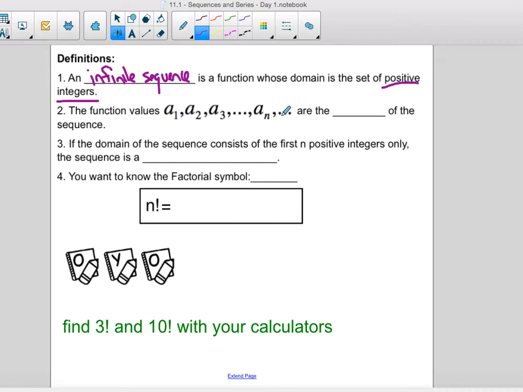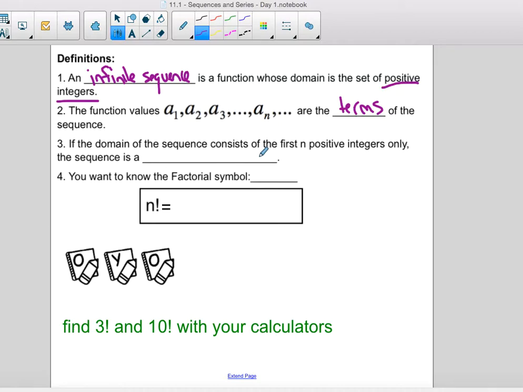So if I just gave you a pattern of numbers, each number that I gave you would be called a term, right? So I could say, what's going to be the third term or the third number in the pattern? You wouldn't have a negative third term in a pattern. You wouldn't have the 1.5 term in a pattern. They're only going to be positive integers, right? Because they are representative of the terms, right?